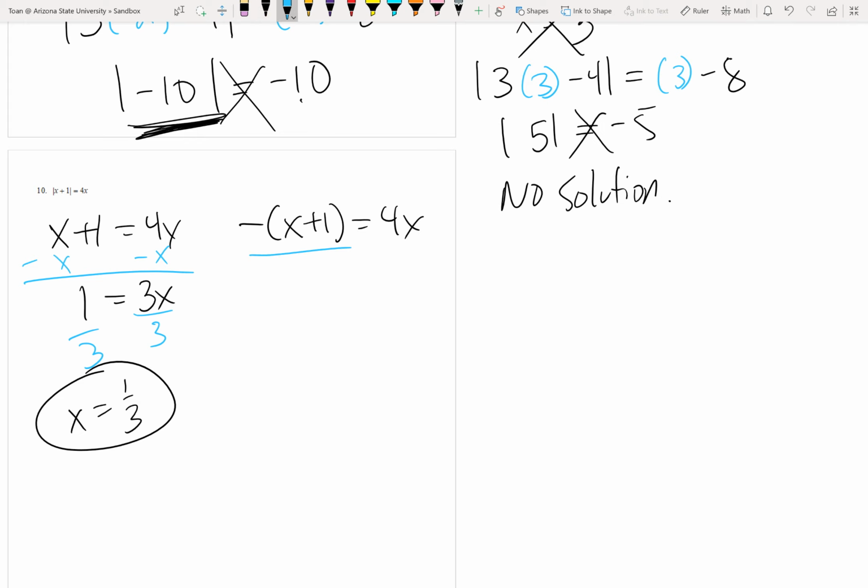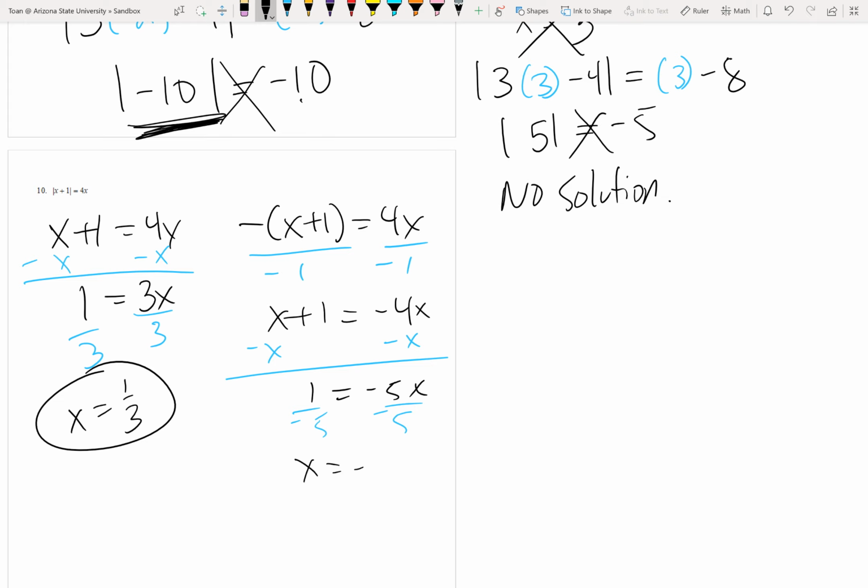Here I'll go ahead and divide by the -1. x plus 1 equals -4x. I'll go ahead and subtract the x. 1 equals -5x, excuse me. And then go ahead and divide out the -5. Gives me x equals -1/5.